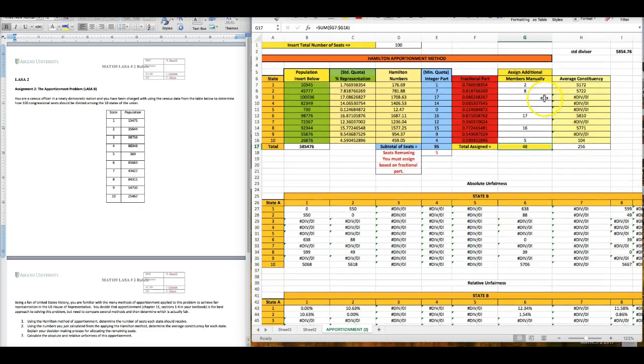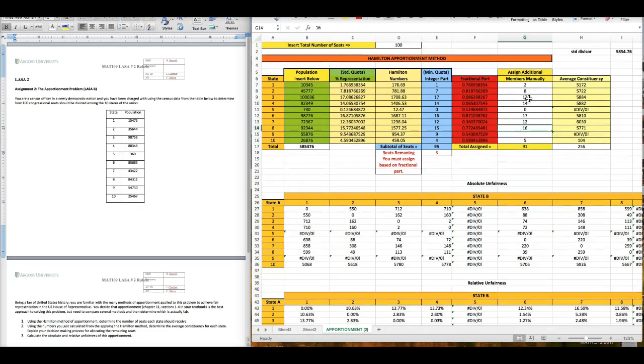So we've taken care of the 5 extra remaining seats. Everyone else gets the original set of representatives that they have from the minimum quota, okay? And as you can see, we end up getting 100 as a result of that, which is exactly what we needed.